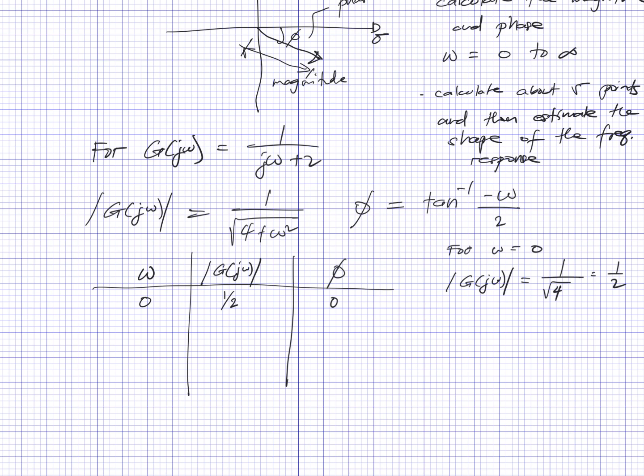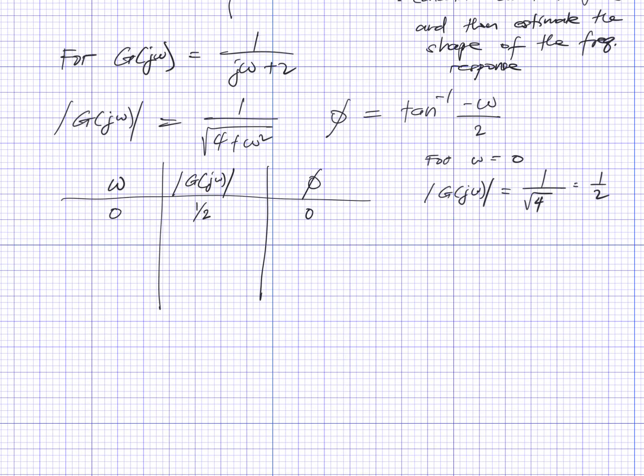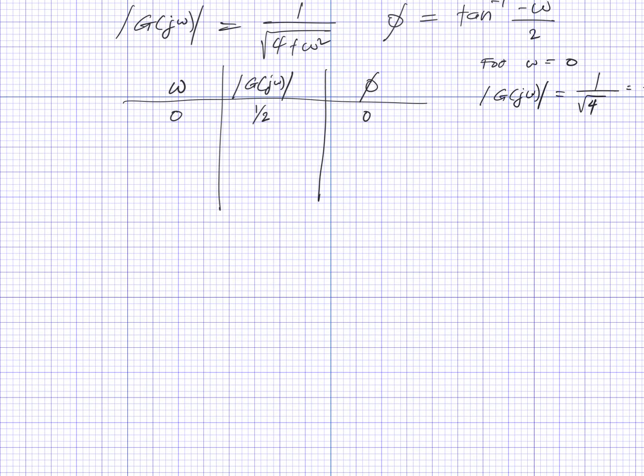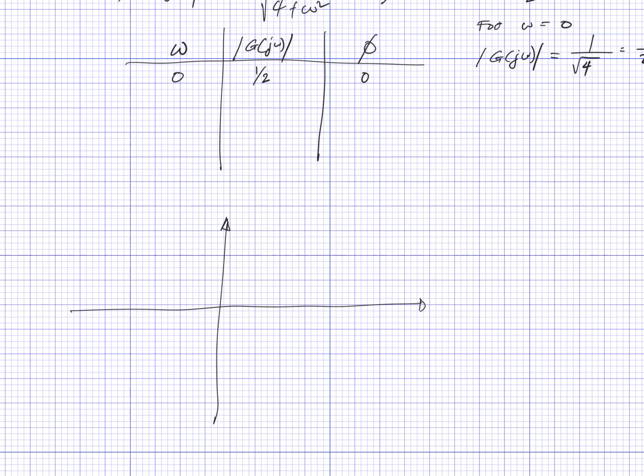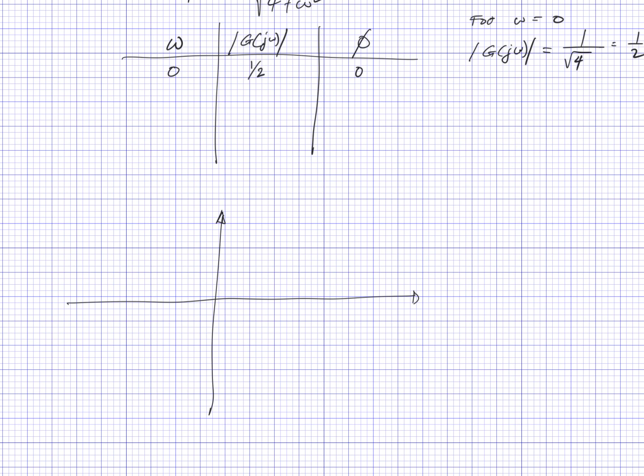Okay? And so if we plot this one, we'll call this our 1, 2, 3, 4, 5. So we call that 0.5, 0.4.